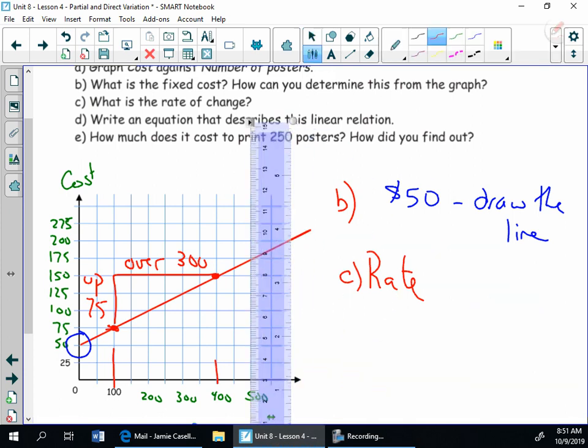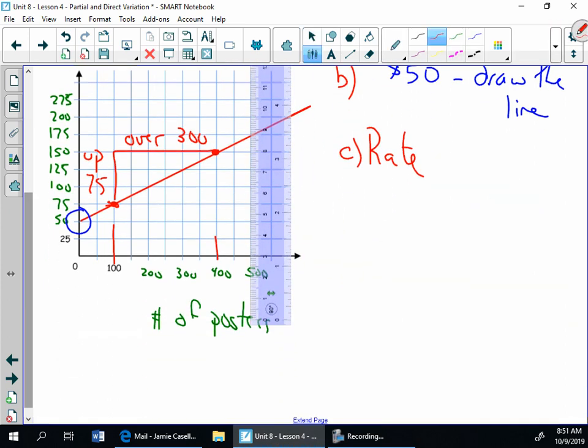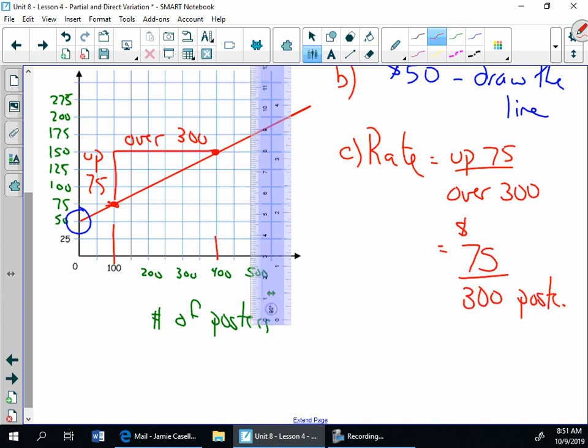So up 75, over 300 units, 300 posters. And if we divide that, it should come out to 25 cents per poster.